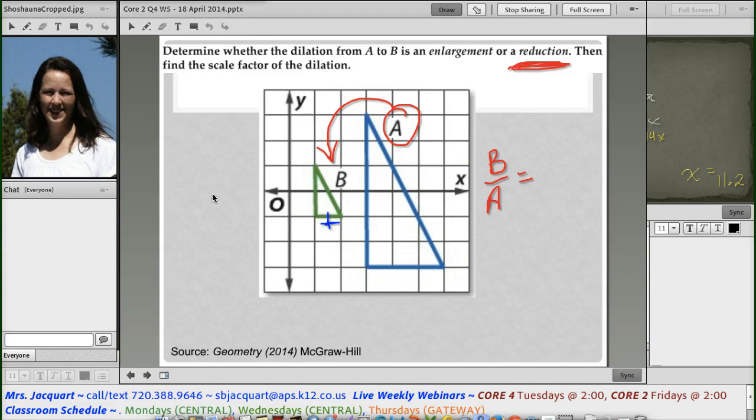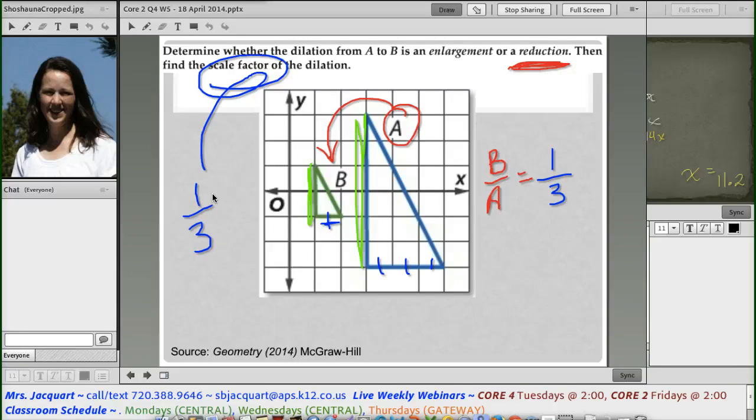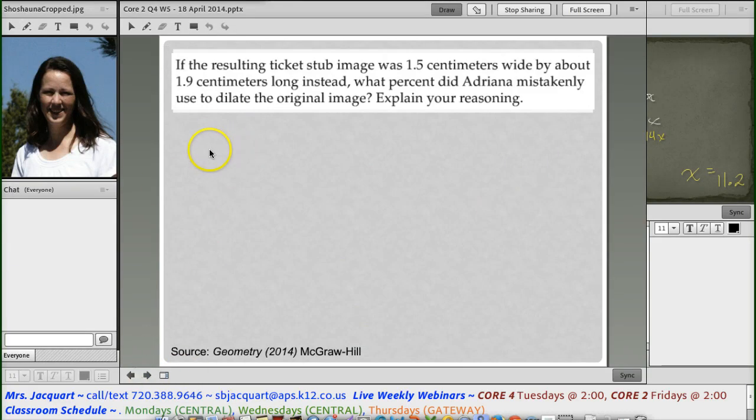B is 1 over 1, 2, 3. So the scale factor is 1/3. I would have found the same if I had chosen to go this route. And that route, that's 1, 2, 3, 4, 5, 6, 1, 2. So that would have been 2 over 6, which simplifies to 1/3. You don't have to go the route I go.